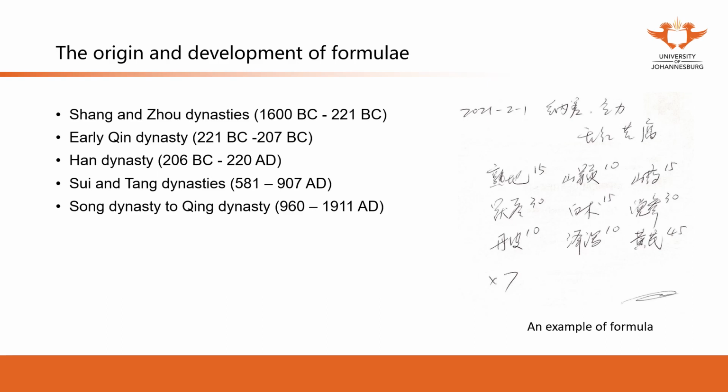For example, in the Zhou dynasty, there's one book we have introduced previously, Li Ji. Li means etiquette, so it describes the rules of the Zhou dynasty.